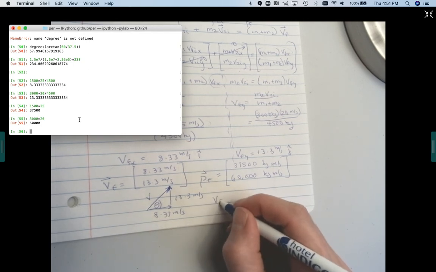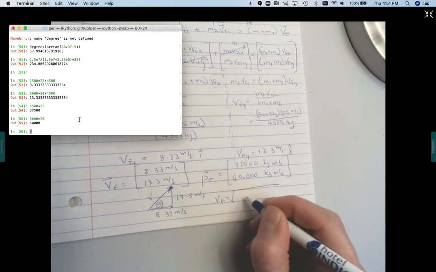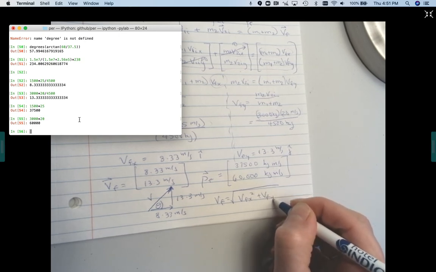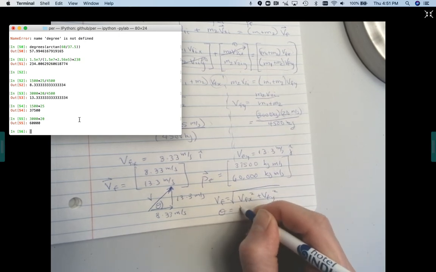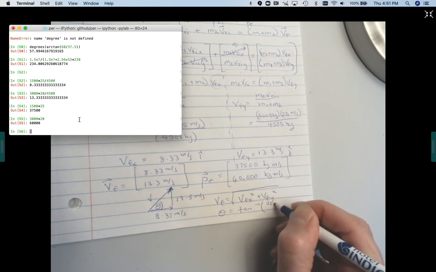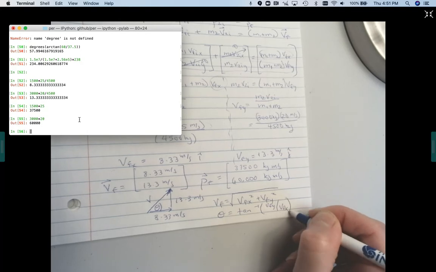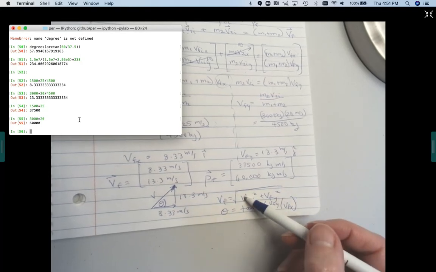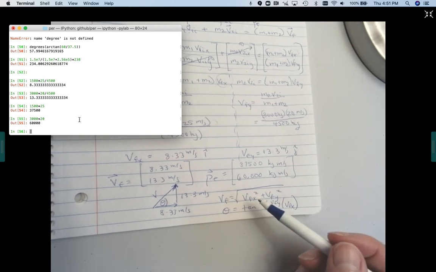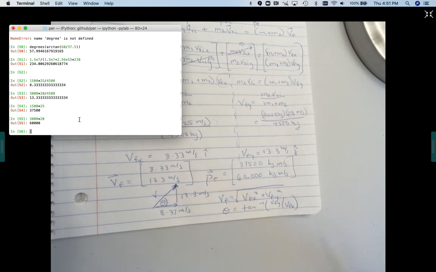Right, so v final would just be the square root of v final x squared plus v final y squared. And theta, I could do my inverse tan of v final y over v final x. This problem didn't actually ask for it specifically in terms of magnitude and direction, but I just want to show you in case you need to calculate that. Right, it's just vector stuff that we've been doing since chapter 3.